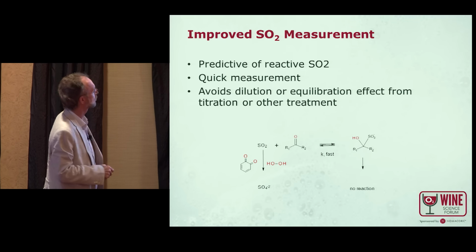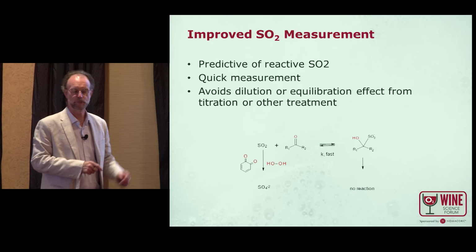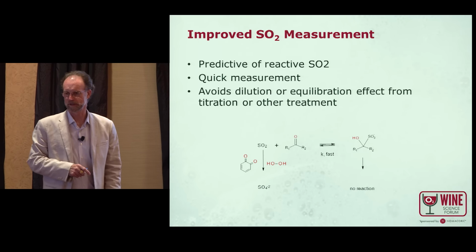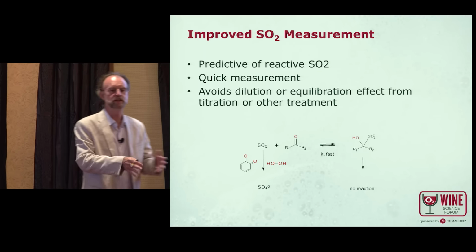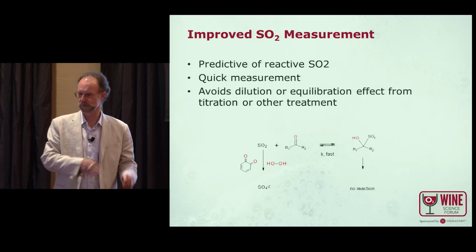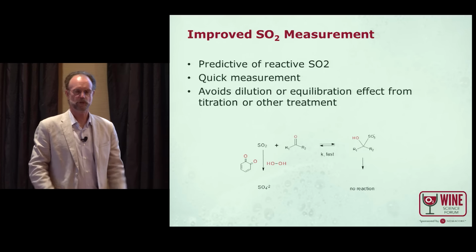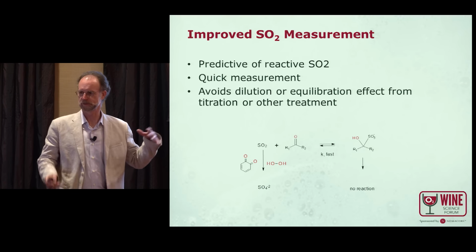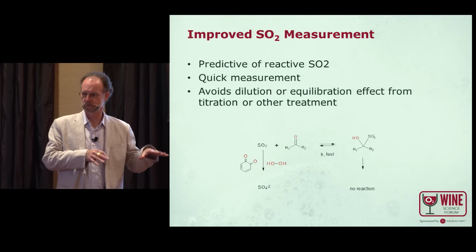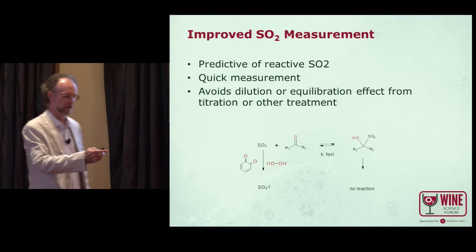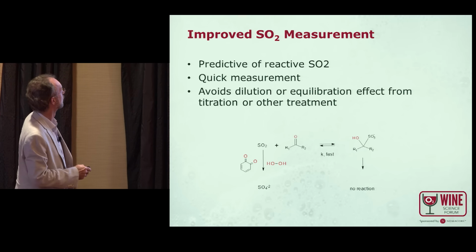So we're trying to come up with some better measurements of this available SO2. Maybe free is not the right word, but available SO2. That's one of the basic projects we're working on, trying to figure out if there is a different way we could measure SO2 that would be more predictive of actual available and protective SO2.